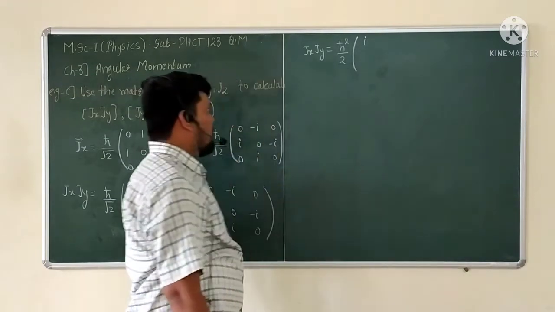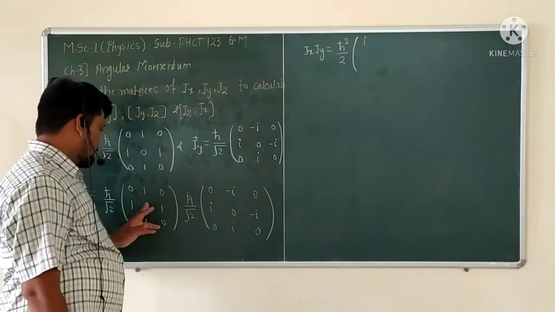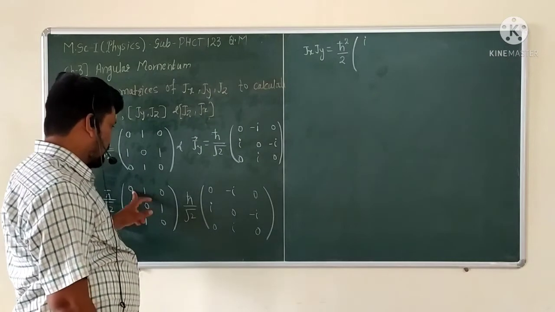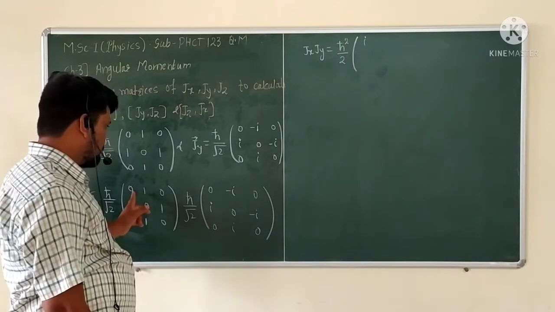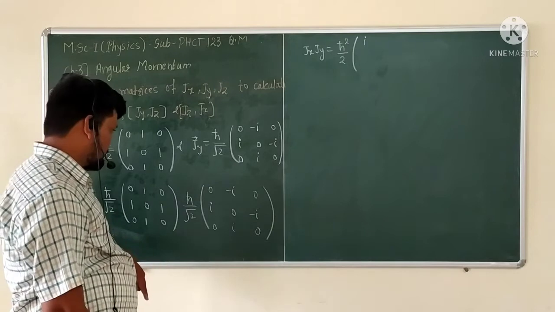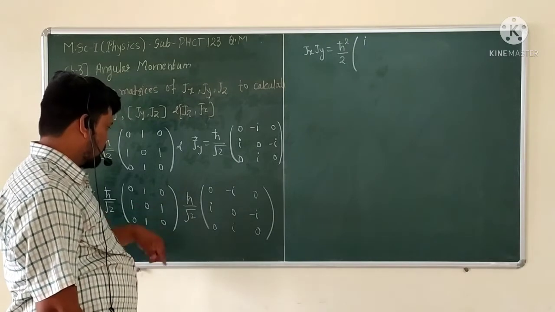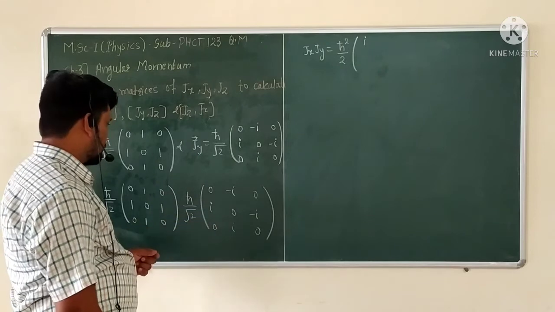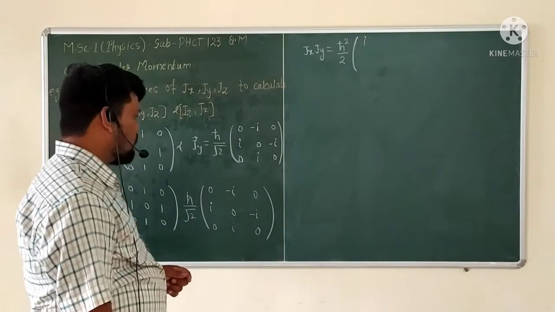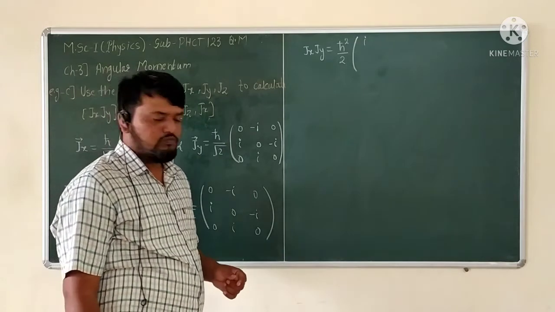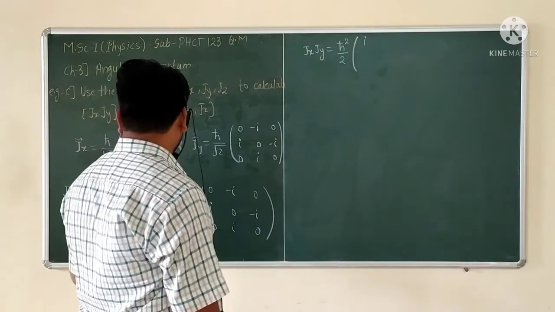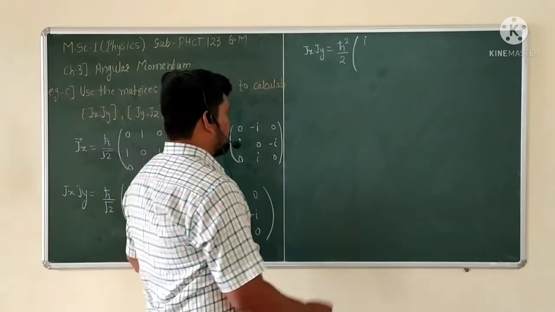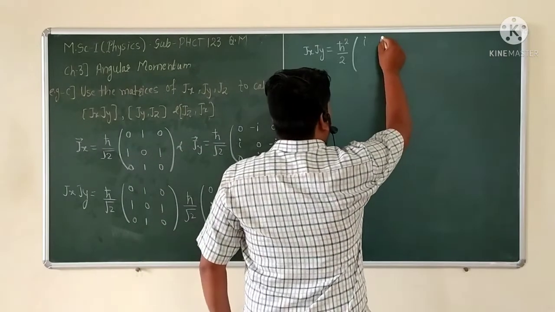After that, first row and second column: 0 into minus I is 0, 1 into 0 is 0, and 0 into I is also 0, so that element is 0.